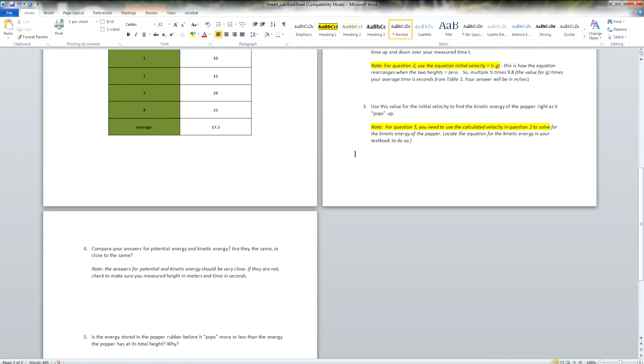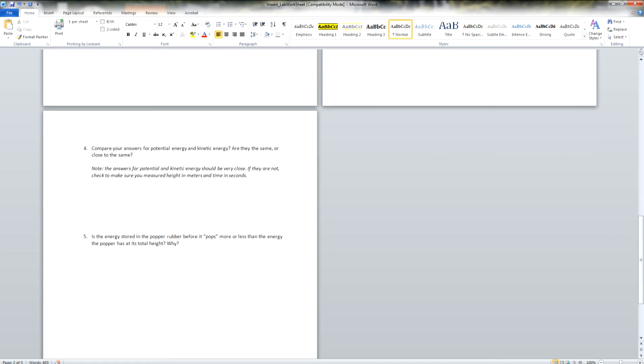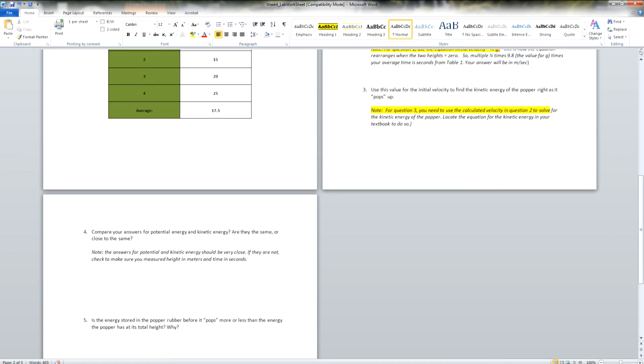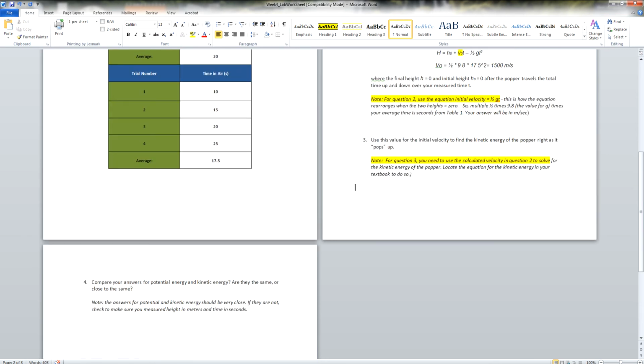So to calculate KE, please take note of this. KE is calculated by, and your book will have this, half mv squared. That's the formula for KE.